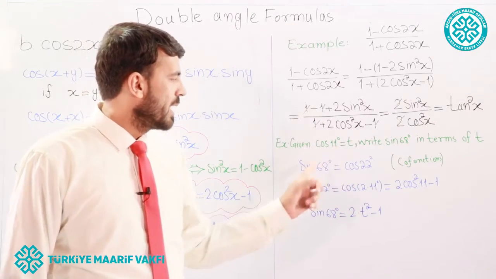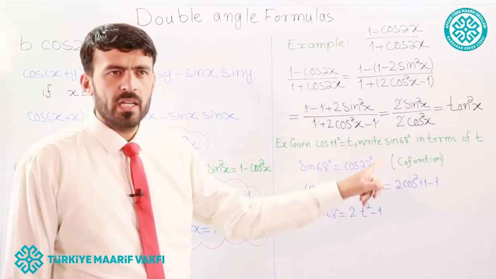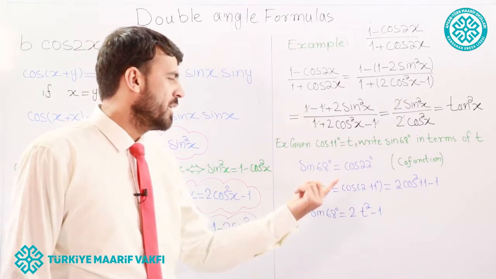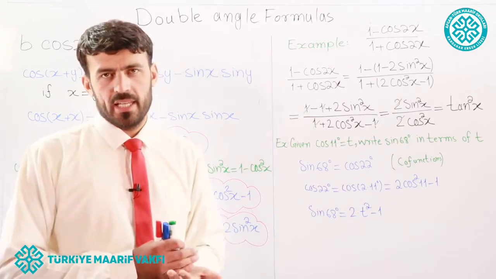We can replace sine 68 instead of cosine 22, and vice versa, in other words, these two are equal to each other.